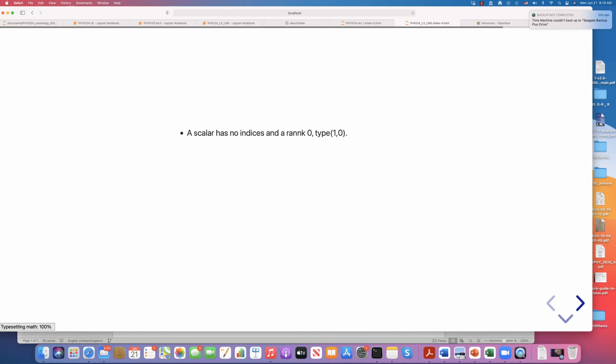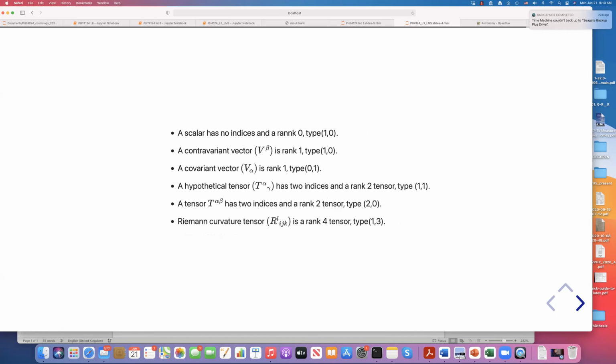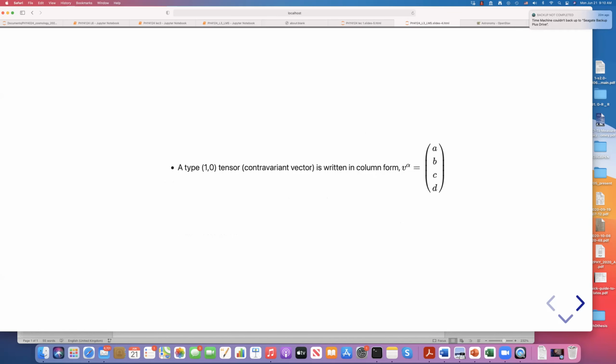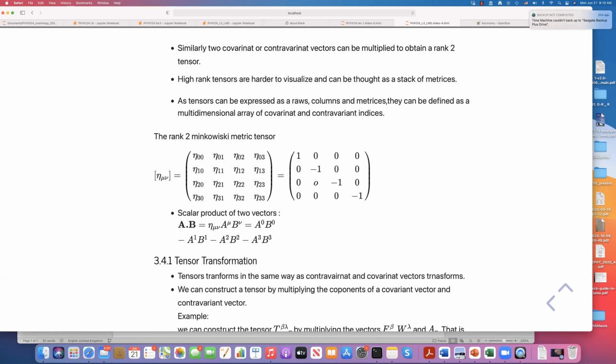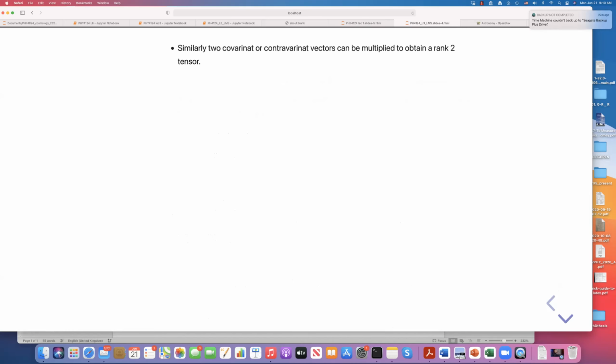Especially try to understand what a tensor is and what the rank and the type of a tensor mean, because having these things in your mind will make it easy for you to understand the rest of the lectures. Does anybody have any questions?